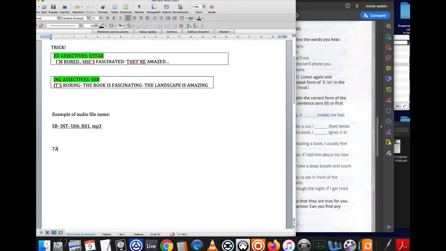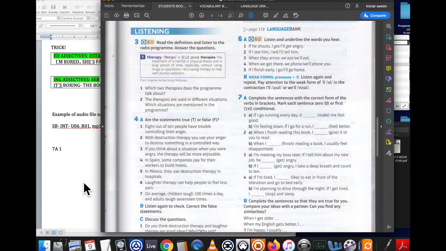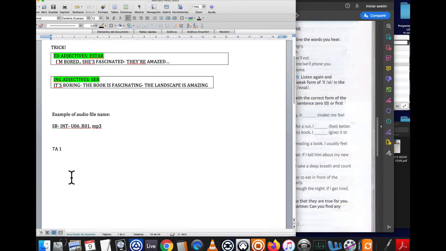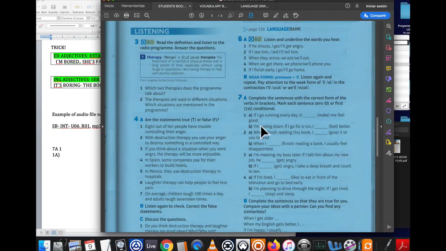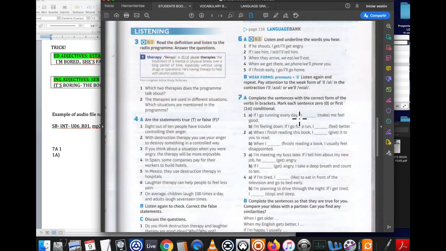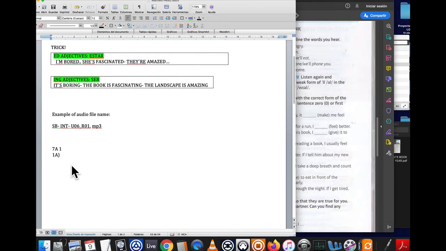7A, 1, and then you write 1A. If I go running every day, it'll make me feel good, or it makes me feel good. Si ustedes deciden que es will, ponen it'll make.